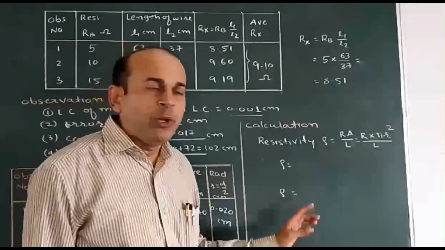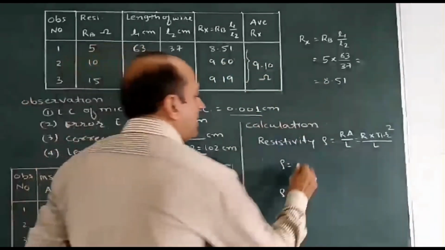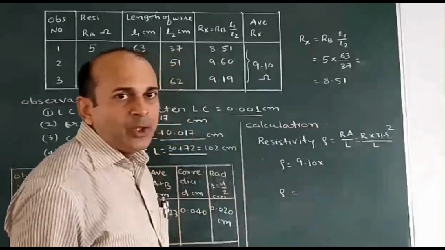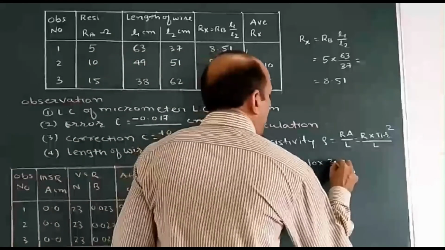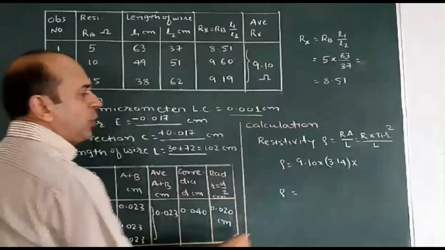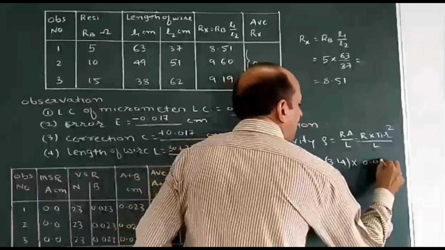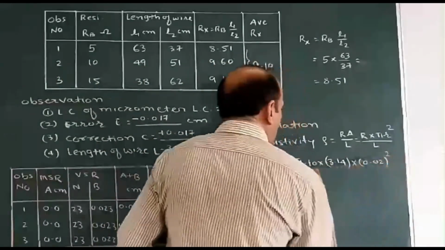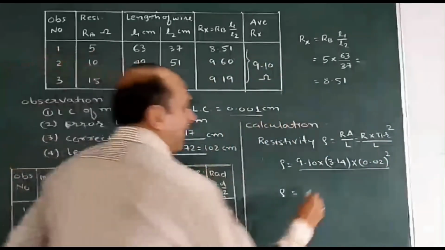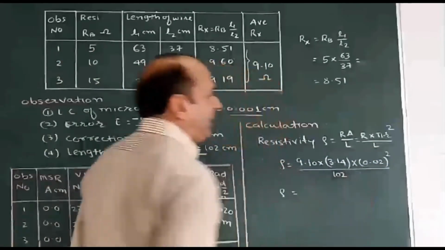Now substituting all these values: R means resistance, it is 9.10. Pi, the value of pi is 3.14, into radius 0.02, the whole square, whole dividing by the length of the wire, which is 102 centimeter.